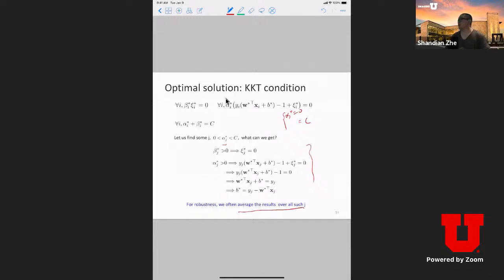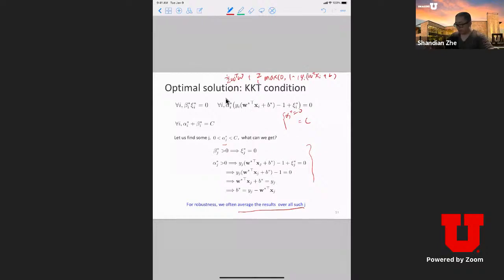Here we propose another general solution. Just look at the primal form. If you still remember the primal form, which we used subgradient descent to address, we actually eliminate all the constraints. You have a regularizer plus max 0, 1 minus yi times (w transpose xi plus b).